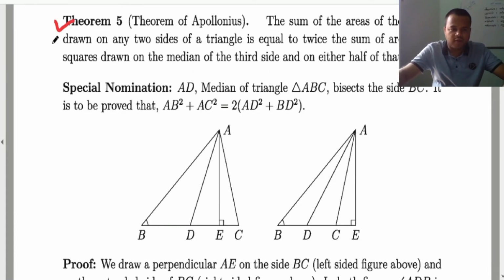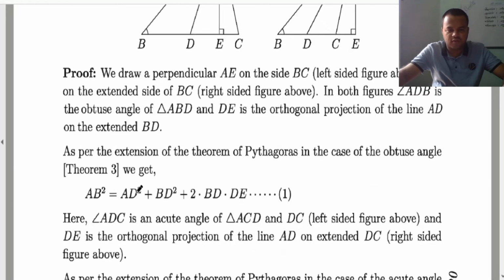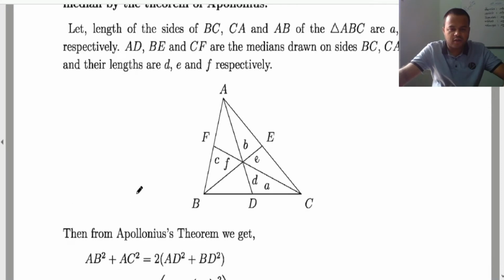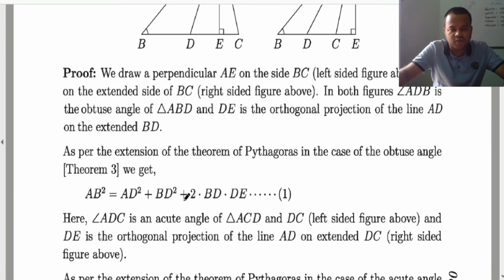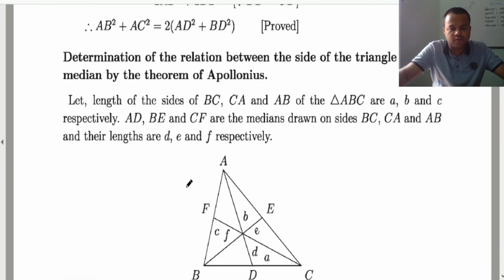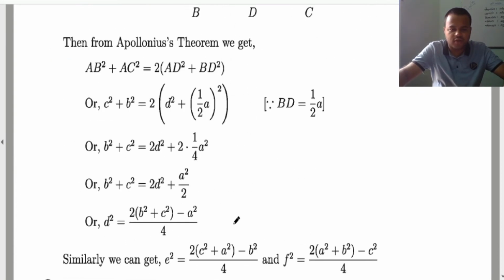Now theorem 5 is the most important theorem from this chapter. And using theorem 5, that is the theorem of Apollonius, you have to complete these corollaries.